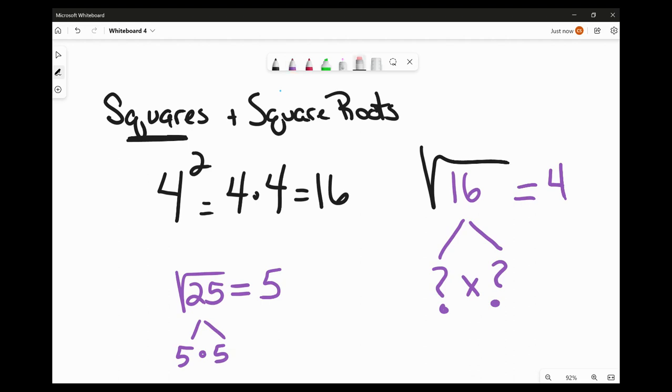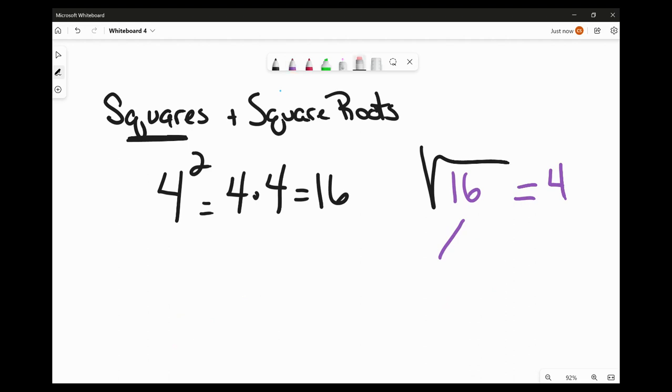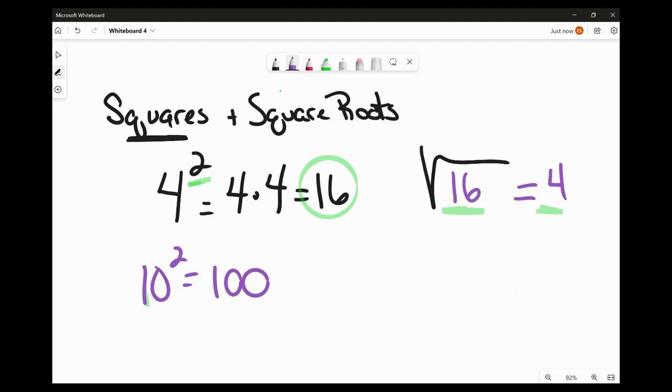The inverse or opposite operations. So if you notice on this side, 4 squared equals 16, and the square root of 16 equals 4. So for instance, 10 squared equals 100, and the square root of 100 equals 10.